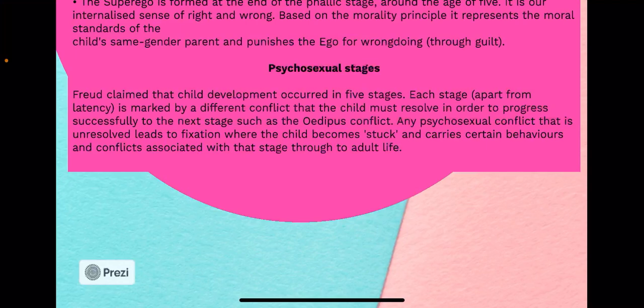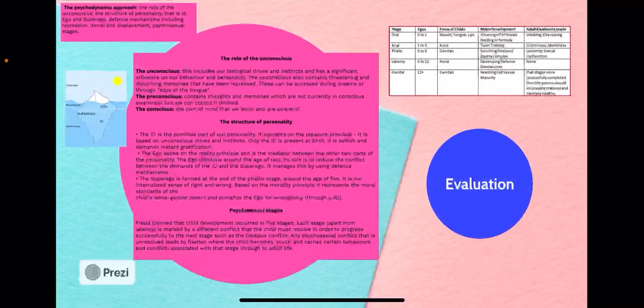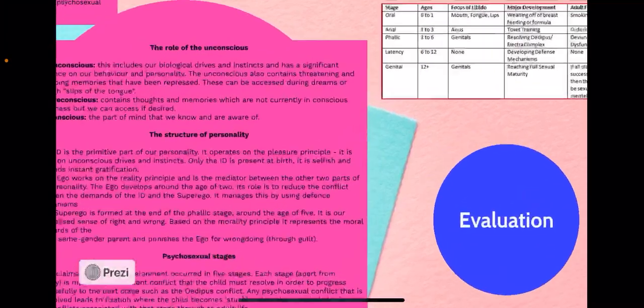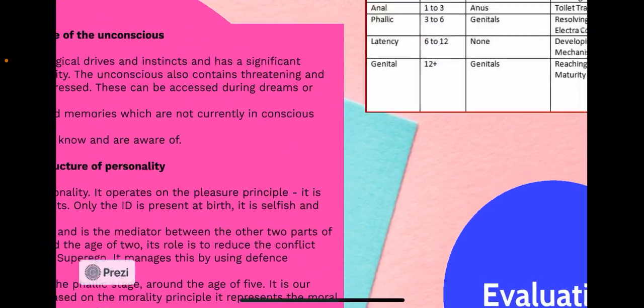Any psychosexual conflict that is unresolved leads to fixation, where the child becomes stuck and carries certain behaviours and conflicts associated with that stage through to adult life. So you have quite a lot in the psychosexual stages, but you don't necessarily need all of that information. It kind of depends on the question.